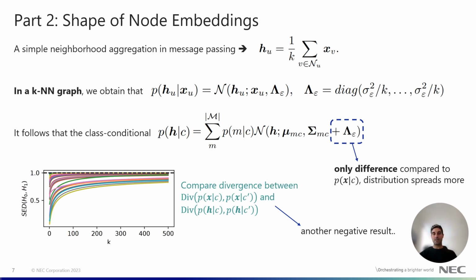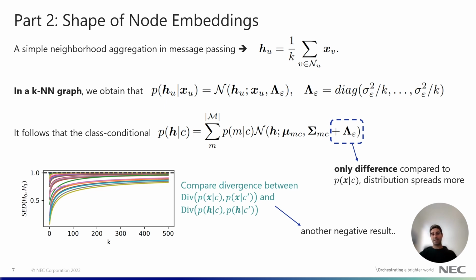And this lambda epsilon has the effect of spreading the distribution a bit more. So intuitively, one would expect that the distributions of different classes in the embedding space would look more overlapping.